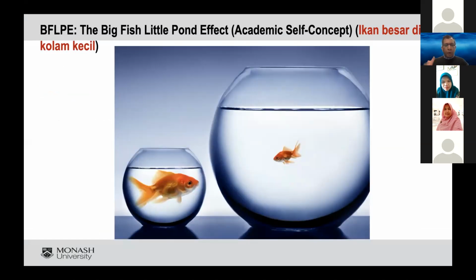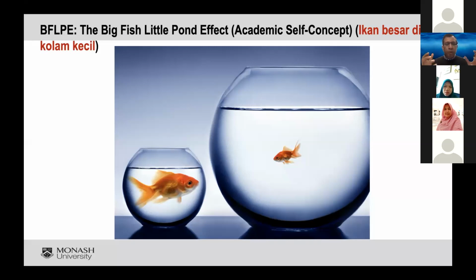If you have a pond where most of the fishes are small, and there is one fish that is big, what happens is the big fish will think that it is much bigger than it actually is because every other fish is smaller than it, right? And because of that, they will actually do much better.